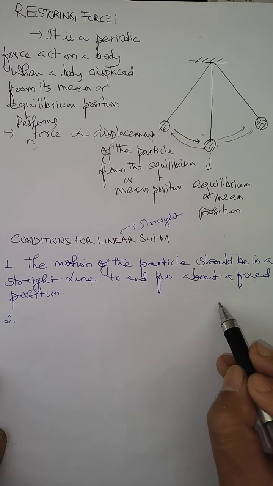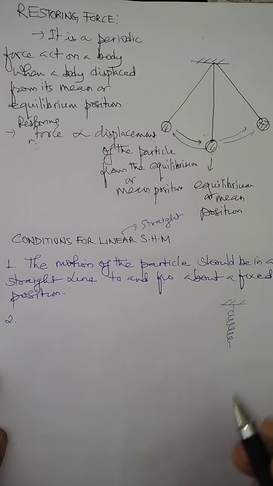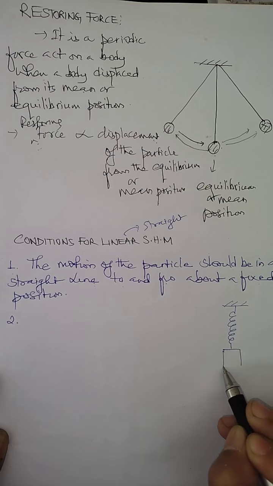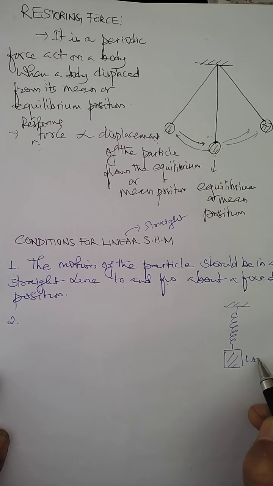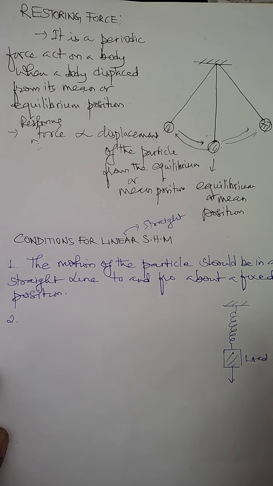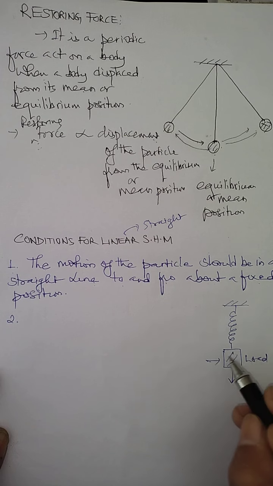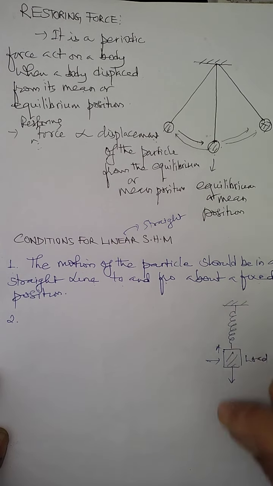Let me just take the example of a spring connected with a hook, and you have suspended a load. When I pull the load from this rest position, this is called what position? Rest position. Then what happens? This load has a what motion?